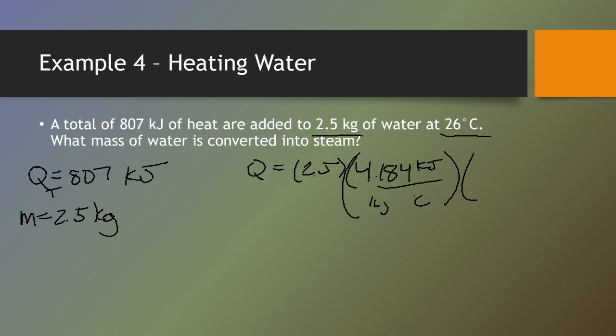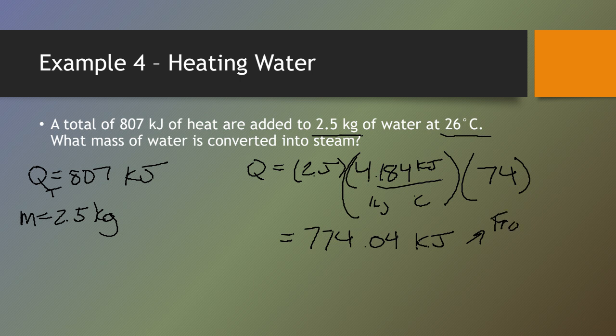And so this should be 74. If we multiply these three, you'll find that the heat used to raise it to 100 degrees Celsius is going to be 774 kilojoules.